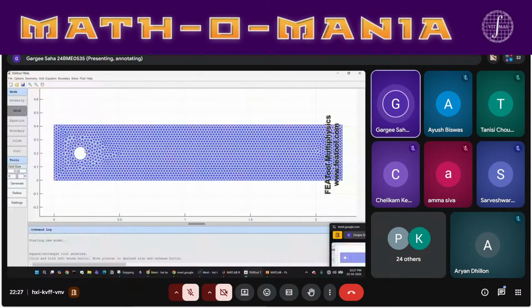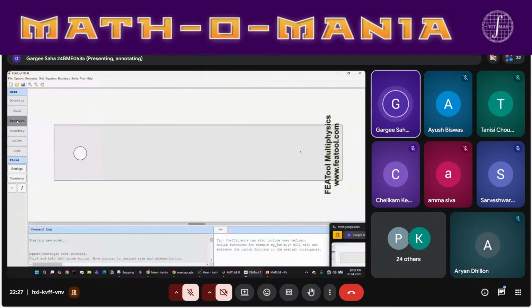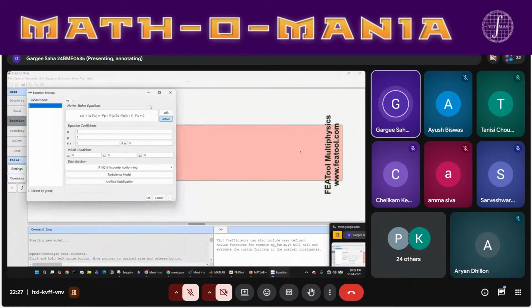So as you can see, as the mesh size gets very small, it accurately maps out all of the points around the edges and especially around the cylinder. Let us now define the equations that will help us calculate the velocity and the pressure inside of the chamber. So we already know that the density is 1 and the viscosity is around 0.001.